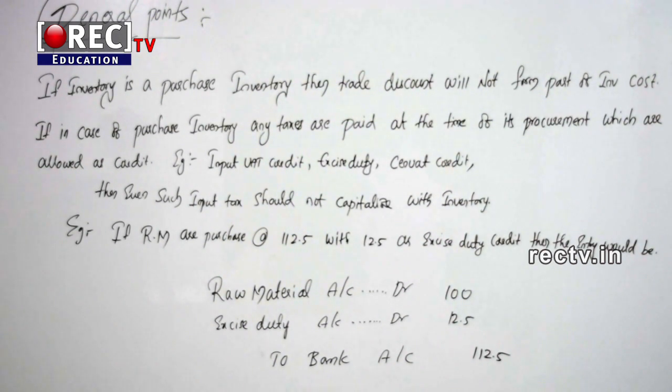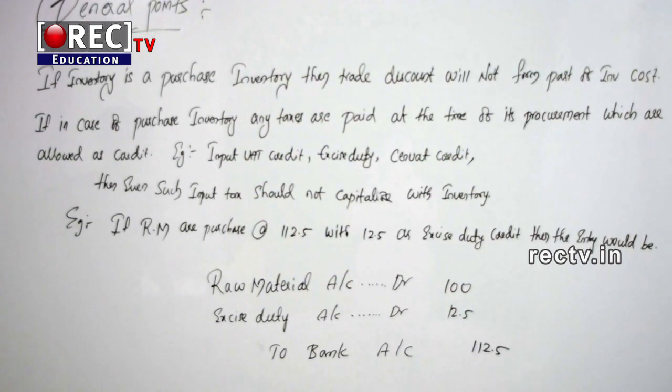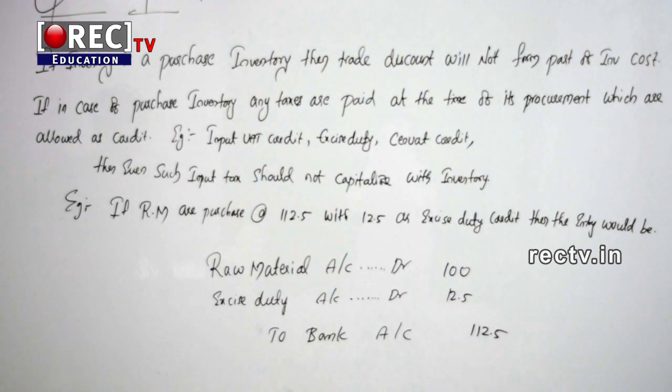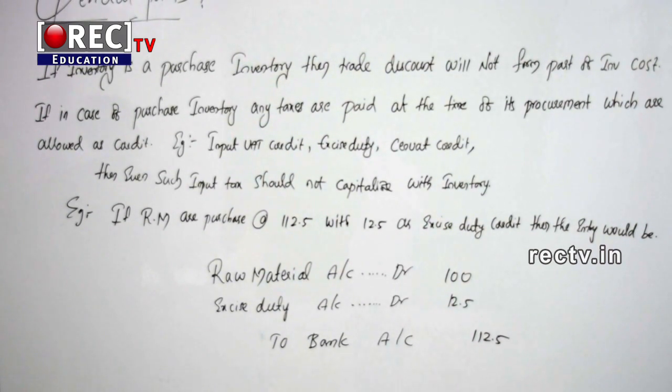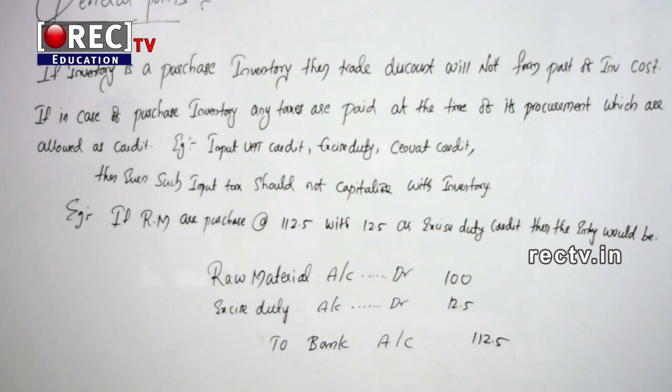If raw material is purchased at the rate of 112.5 with 12.5 as excise duty credit, then the entry would be raw material account debit 100 rupees, excise duty account debit 12.5 to bank account, that is we are paying the 112.5. Here the inventory is valued at 100 rupees and the excise duty is 12.5.